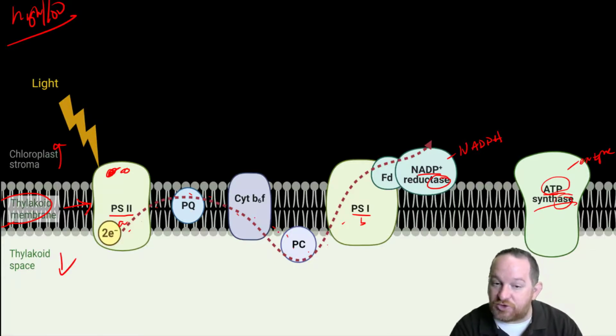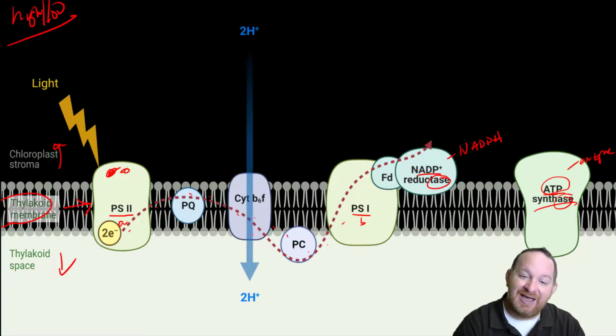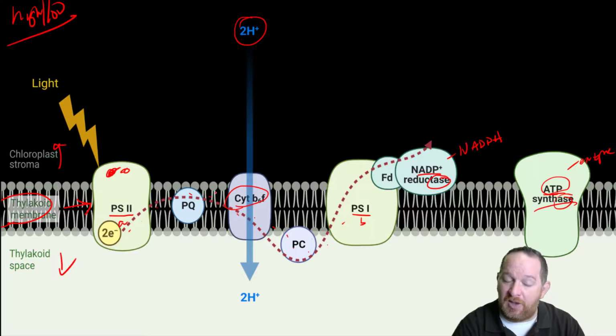The flow of electrons creates some work. What happens here is they activate certain complexes. Here's a cytochrome complex that takes hydrogens that were in the stroma and shuttles them across. So the fact that these electrons were buzzing through here essentially activated this complex to take some hydrogens and bring them in.